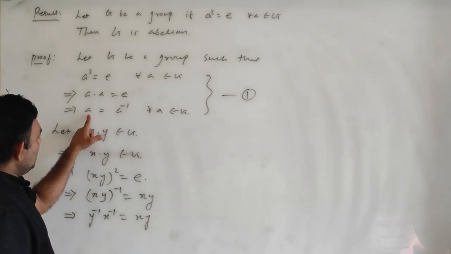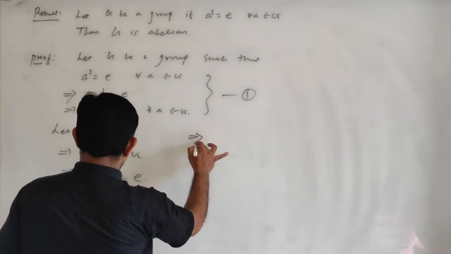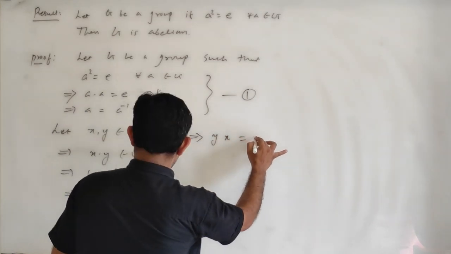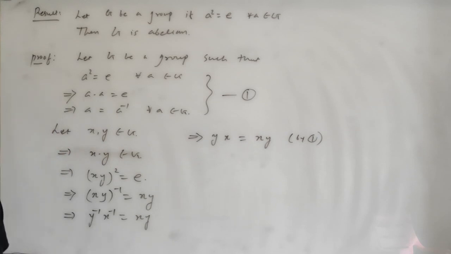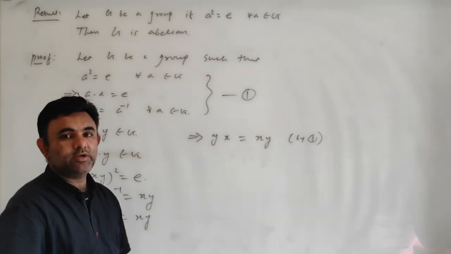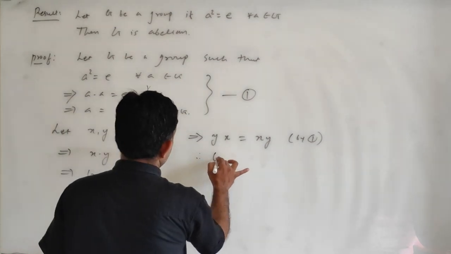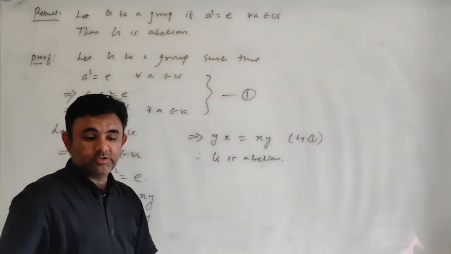But again, an element and its inverse are the same, so y inverse is y and x inverse is x. So yx is equal to xy, again by result 1. In this way I have proved that for any x, y in G, yx is equal to xy. Therefore G is abelian.